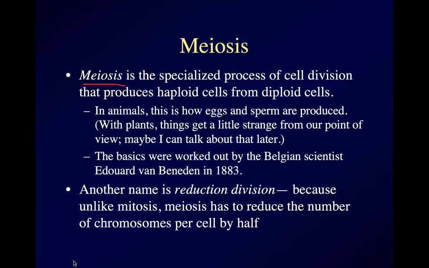One of your cells undergoing mitosis will start with 46 and end with 2 cells, each of which has 46. In meiosis, by the time it's over, you reduce the number of chromosomes per cell by half. Every cell in your body has 46 chromosomes, except your eggs or your sperm, which have 23. Division exactly in half.